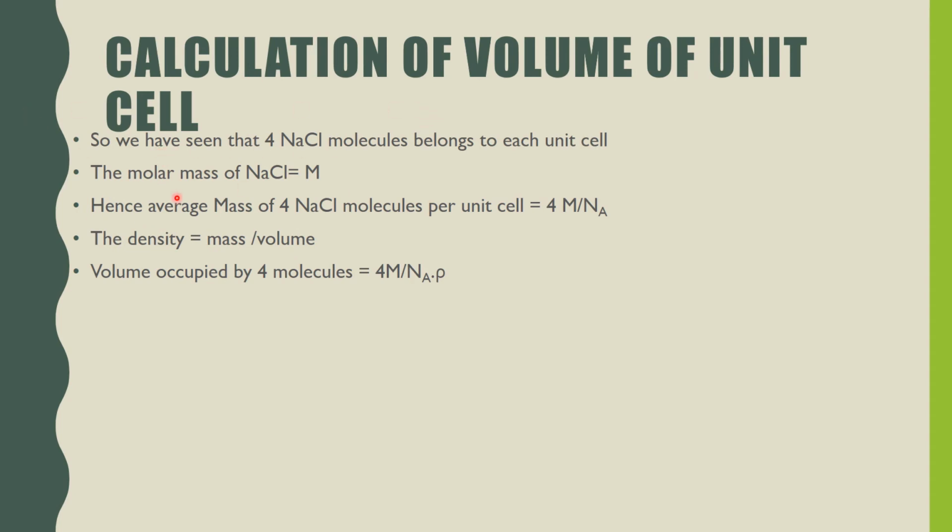So here we say that if the molar mass of sodium chloride is m, the average mass of 4 NaCl molecules per unit cell will be 4 times m upon Na.